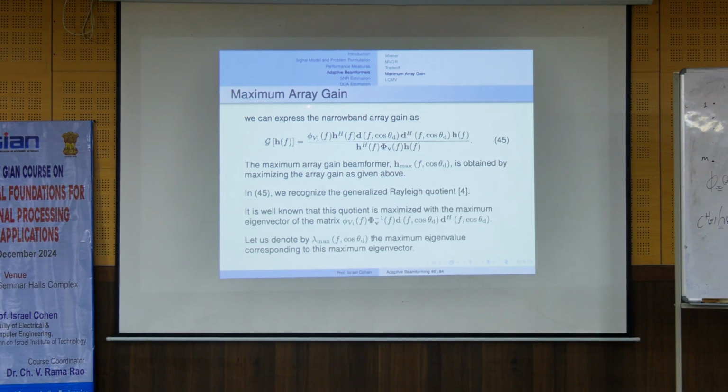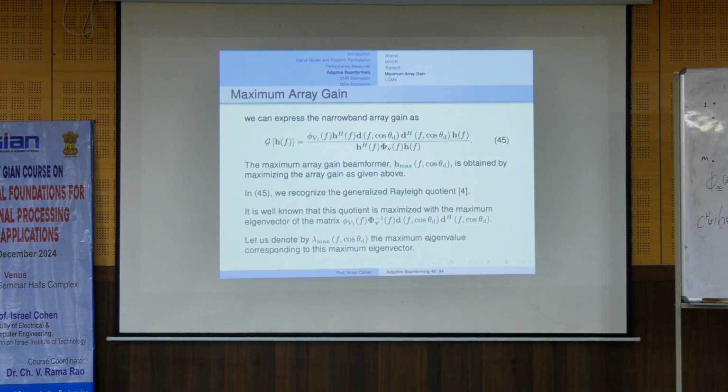For an adaptive beamformer, we can find the beamformer that maximizes the array gain for the particular noise environment. If we know the correlation matrix of the noise, we can maximize the array gain for this noise environment. We know how to find the maximum for something like that.